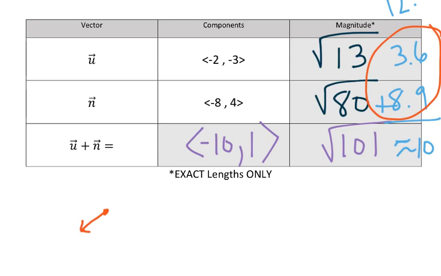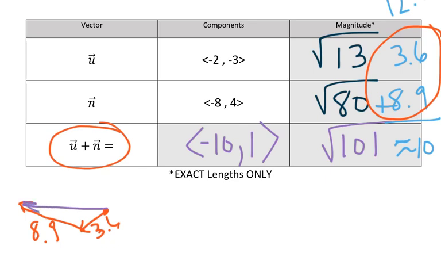Then -8, 4 is saying I'm going backwards 8, up 4. It's something like this. So basically it's saying, hey, I went 3.6 in this direction, and I went 8.9 in this direction. But when I add them together, the question is saying basically, as the crow flies, how far did I go? Well, I went about 10.